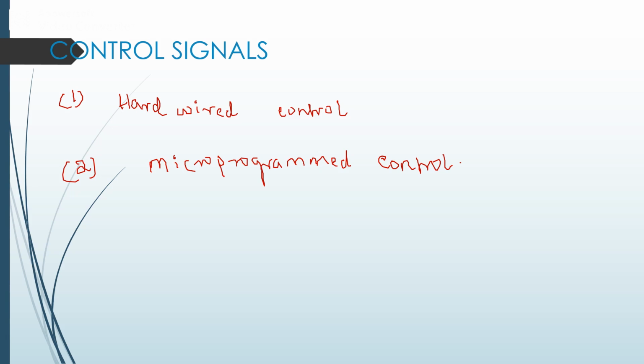The first one is the contents of the control step counter. The second one is the contents of the instruction register.